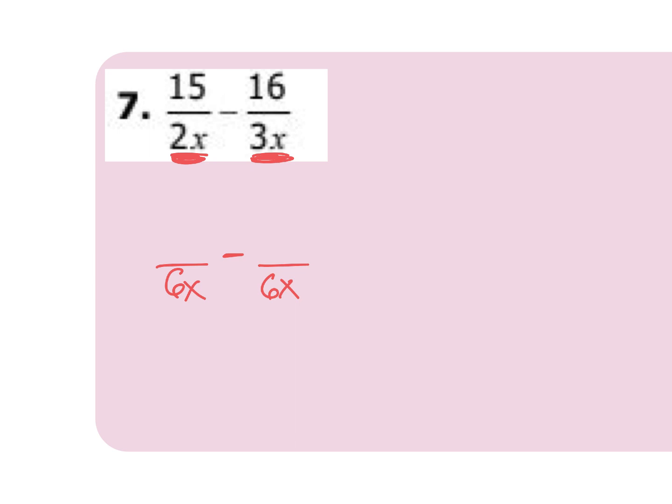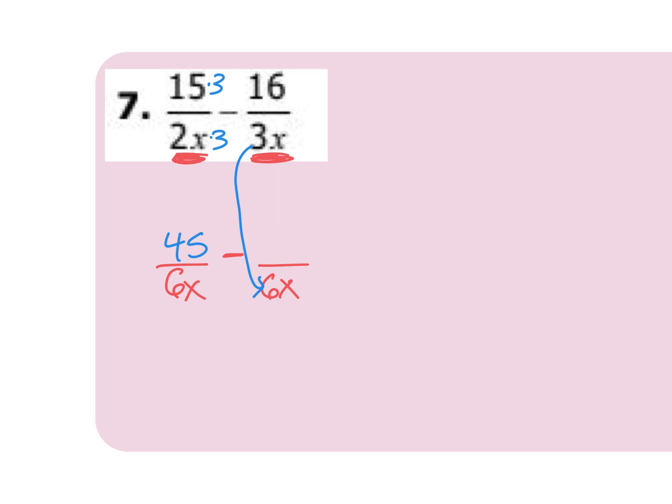We're still subtracting. Now we need to figure out, what do you multiply by to get from 2x to 6x? Well, if you think about it, all you had to multiply by is just 3. So we're going to do that on top too. 15 times 3 is just 45. Okay, and then we're doing the same thing for the second one. But to get from 3x to 6x, what do you need to multiply by?